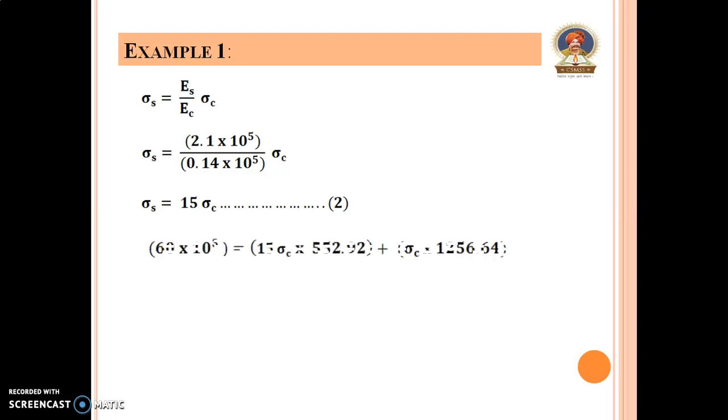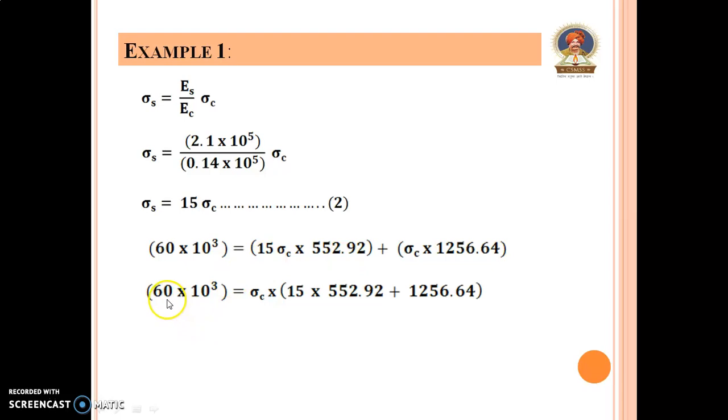So equation first becomes 60 into 10 raised to 3, which is equal to 15 into sigma c into 552.92 plus, in the second bracket, sigma c into 1256.64, bracket close. Now here we are going to take sigma c common.